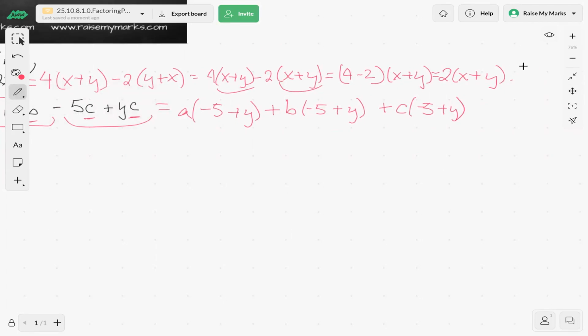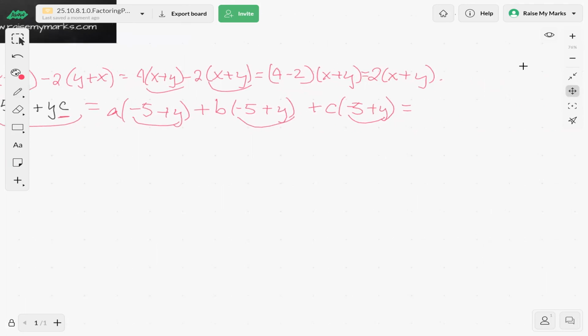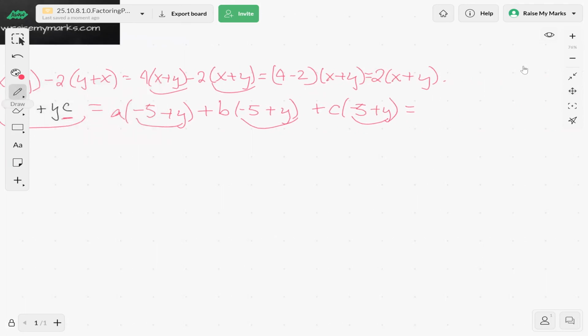Okay, that looks good. So now this negative 5 plus y is common. Let's factor that out and see what we're left with. If we factor out negative 5 plus y, we have a plus b plus c. It looks like we factored.